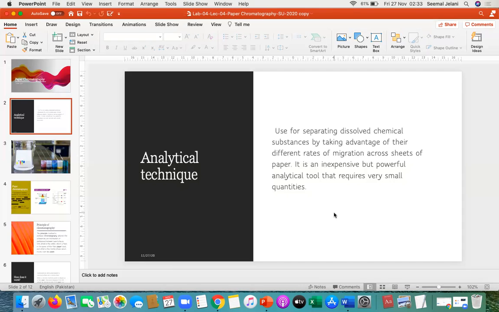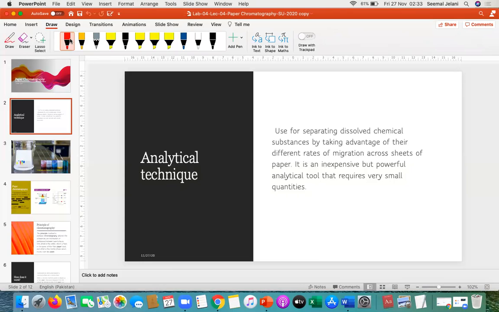If you have a mixture, and you don't know what is in the mixture, you just put a drop of the mixture on the filter paper. You put this filter paper in a tank which contains solvent.